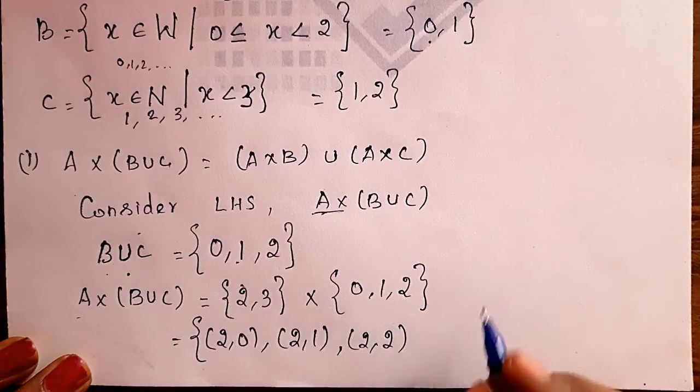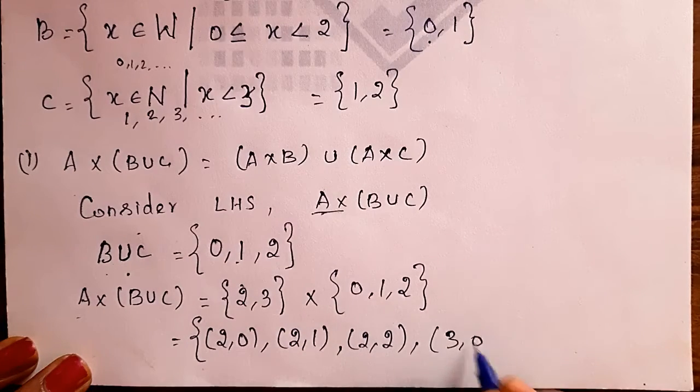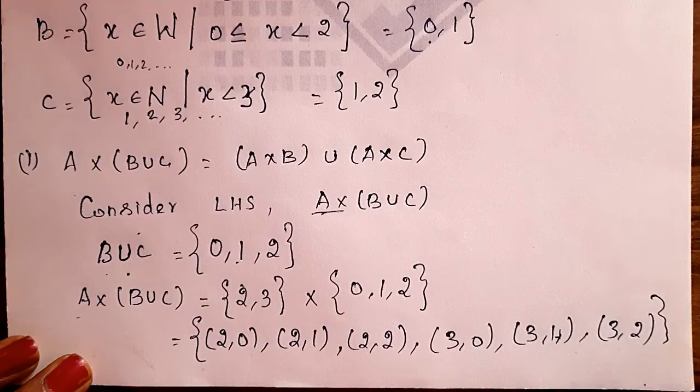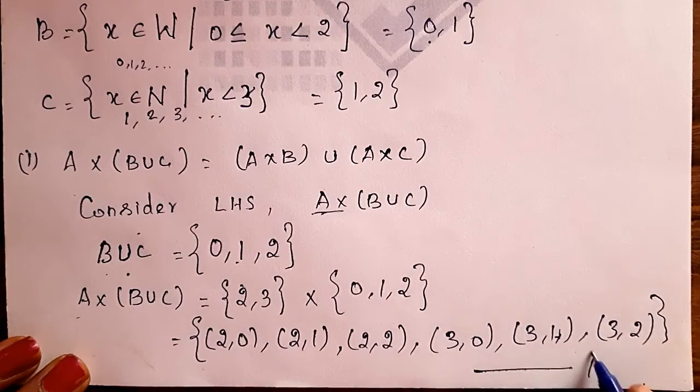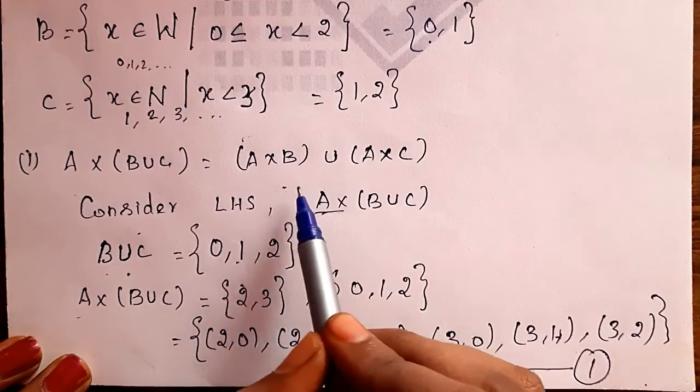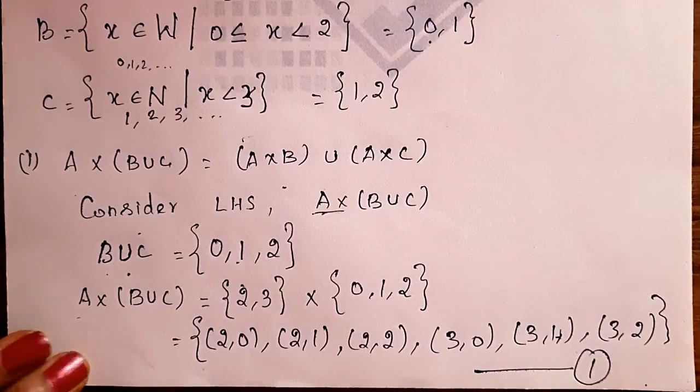Then we connect the second element: (3, 0), (3, 1) and (3, 2). So we completed the LHS part. Take it as equation number 1. Next we can do the RHS part. Then we can verify whether both are equal or not.